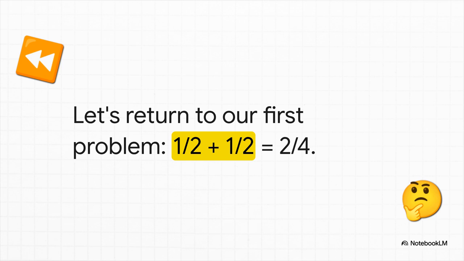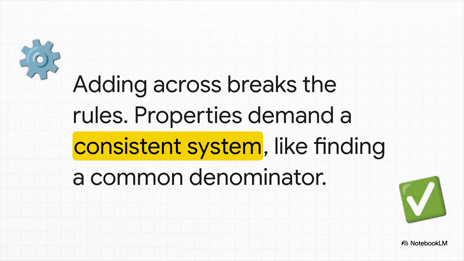Now, finally, we can understand exactly why that didn't work. You see, just adding straight across the top and bottom isn't a reliable system. It doesn't follow the rules of our box. The properties we've been talking about, they demand a system that is consistent, a set of operations that always work for any rational numbers you throw at them. And that's what forces us to use methods like finding a common denominator. It's what makes the whole system logical and predictable.